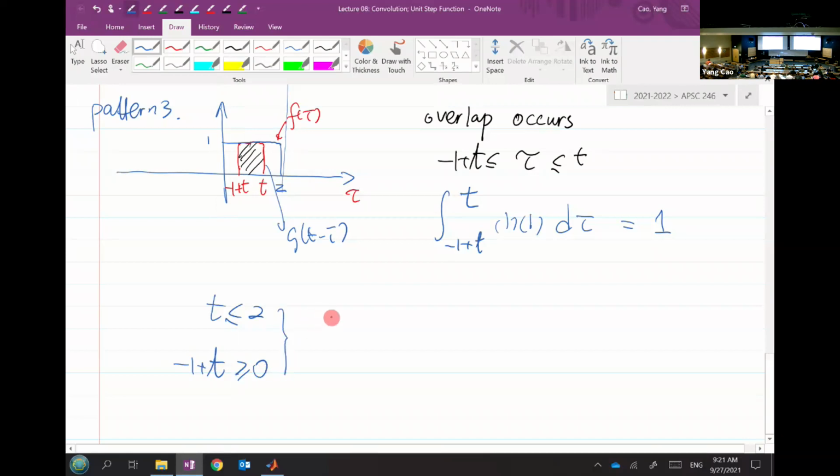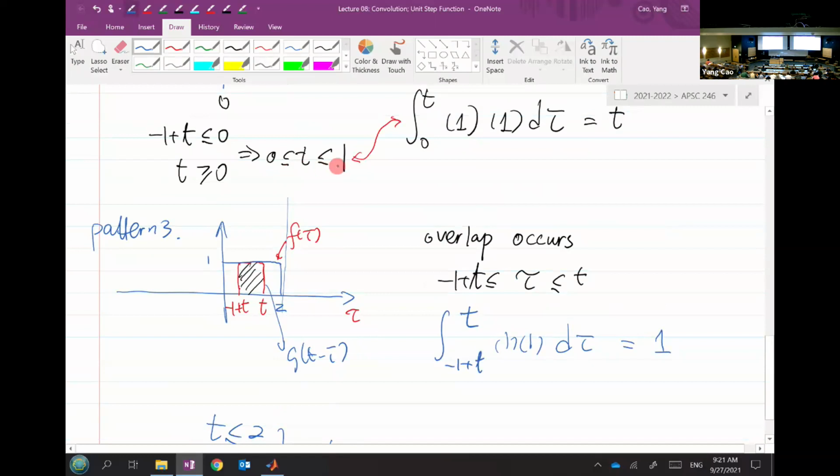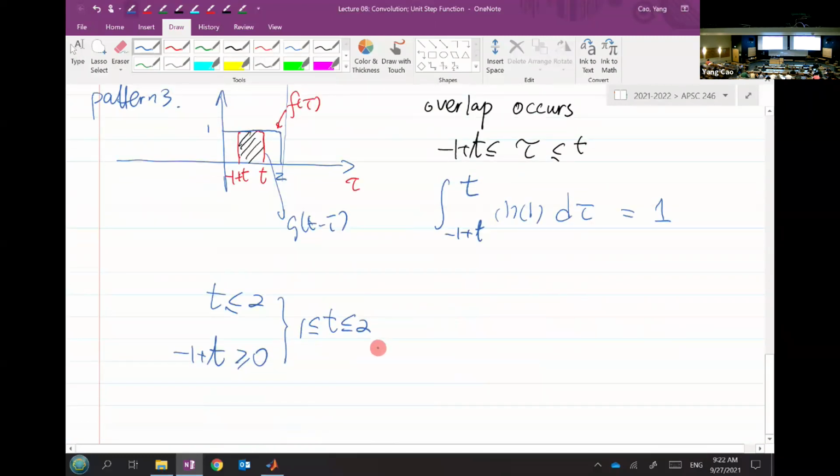So you get t greater than 1 and less than 2. So you get a continuous t range. The t is changing from 0 to 1 and then 1 to 2. Essentially, the current t range will ensure that this convolution is under this overlapping pattern and gives you the value 1. That's pattern number 3.